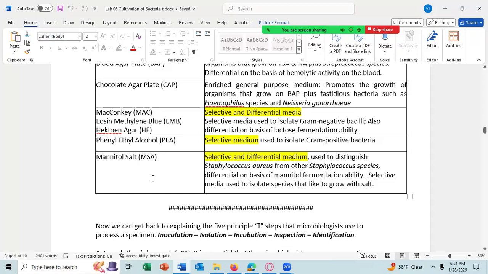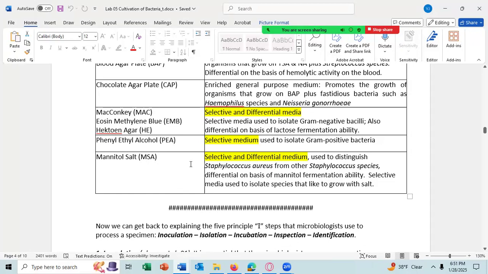If the species can grow on the plate, it tolerates salt, and if it can ferment the sugar mannitol, the growth will be yellow, especially a yellow halo around the colony. If, on the other hand, it can grow on the plate, that means it tolerates salt, likes to be in a high salt environment. But if it's not yellow, it cannot ferment the sugar mannitol.